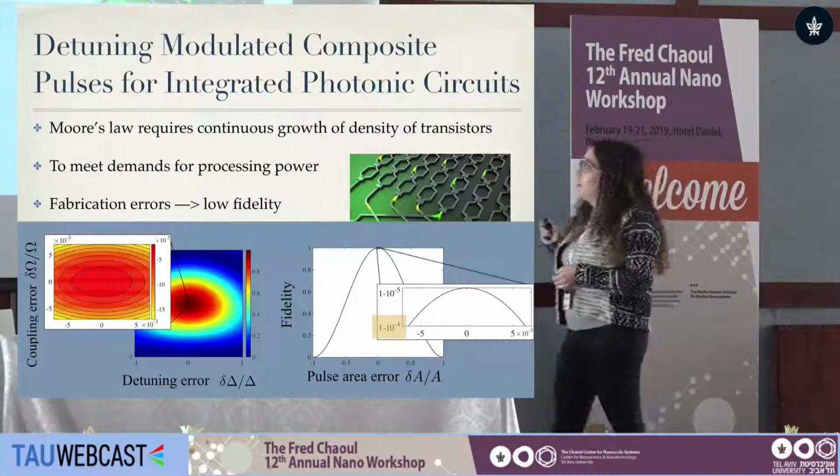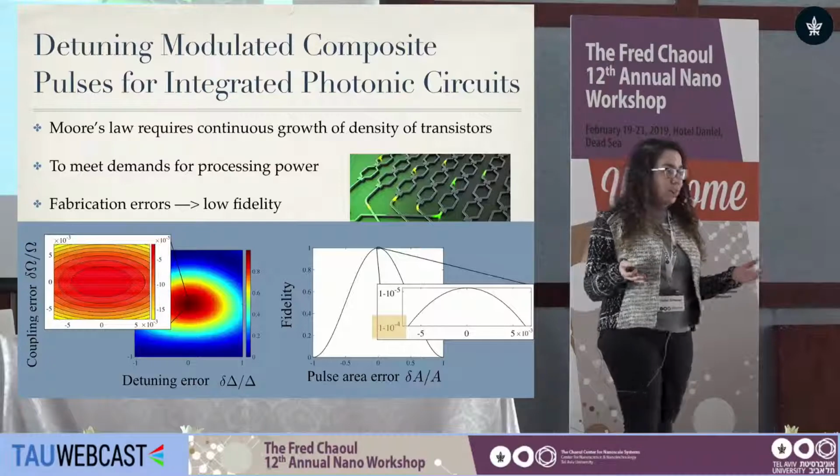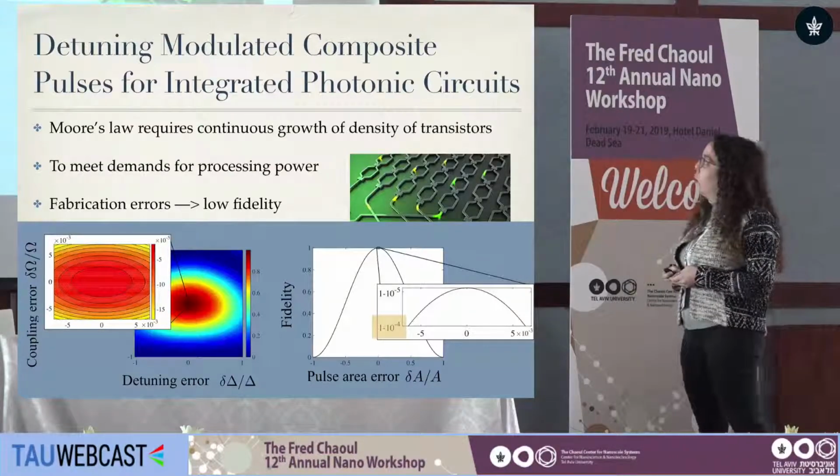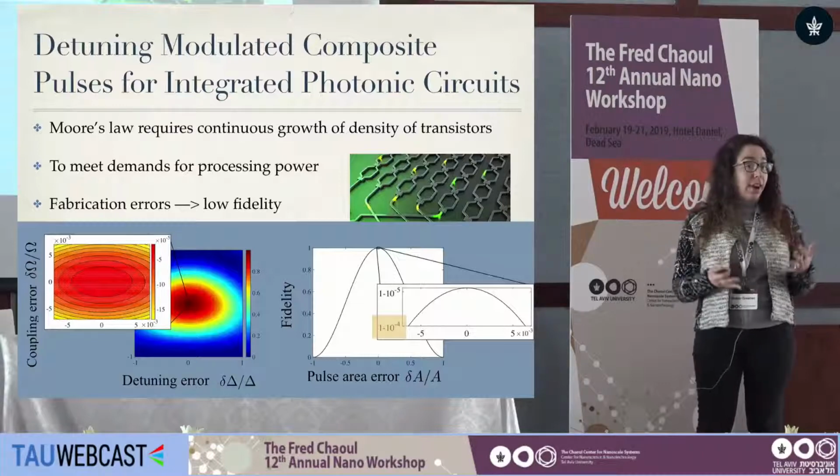So one of the problems with integrated photonic circuits, or just say silicon on insulator waveguides, which you may all know, is that we fabricate them with a lot of errors.